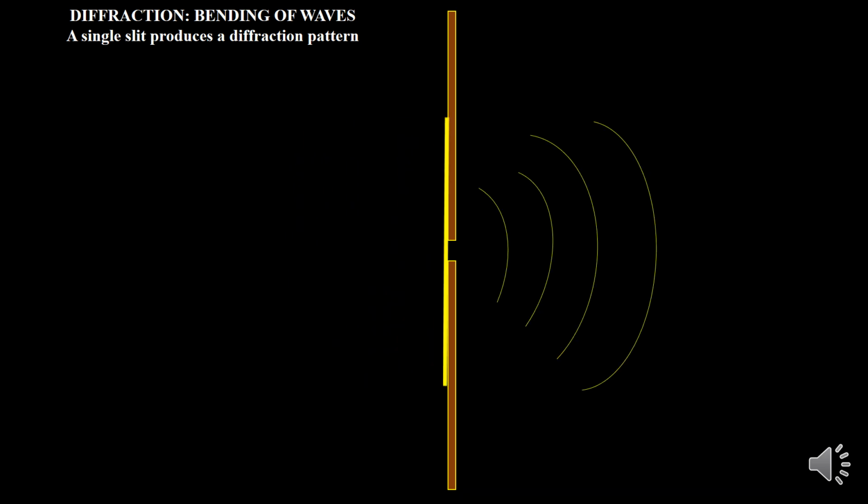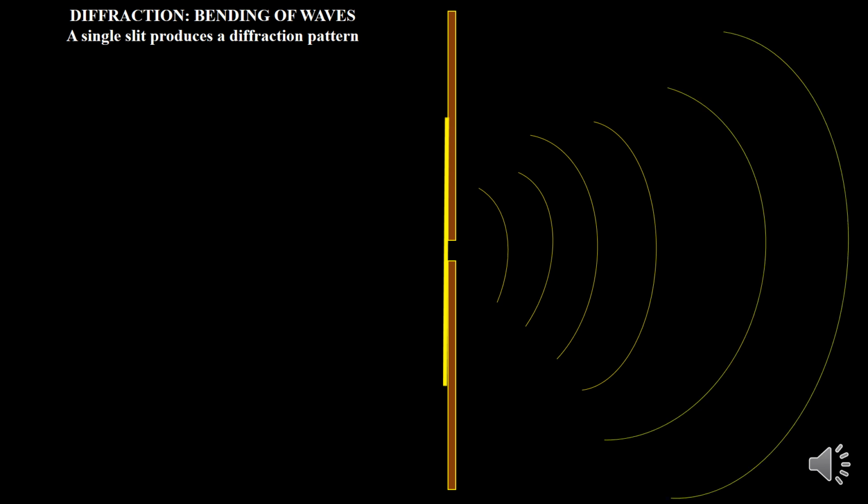Now diffraction is nothing but bending of waves. A single slit produces a diffraction pattern. So as the light passes through an obstacle like a narrow aperture or a slit, you see bending of waves or spreading of waves coming out of the slit, and what you see on the screen is the diffraction pattern.